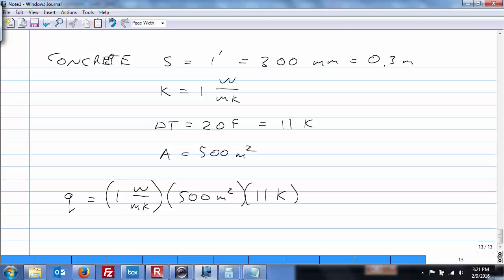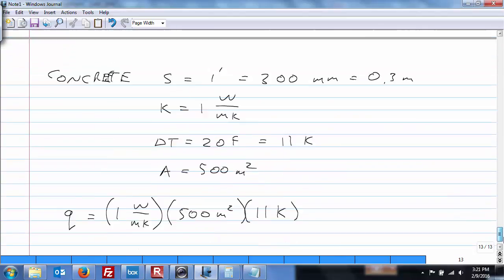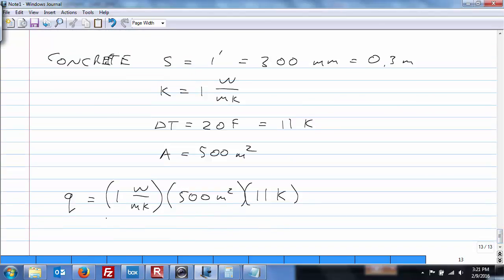All we care about is the difference in temperatures. If we were in a spacecraft, outer space at 3 Kelvin, we'd use much larger numbers, but here, right on Earth, we're just looking at the delta T, which is just 11 Kelvin. And then finally, what did I say? My wall thickness is 1/3 of a meter, so 0.3 meters.